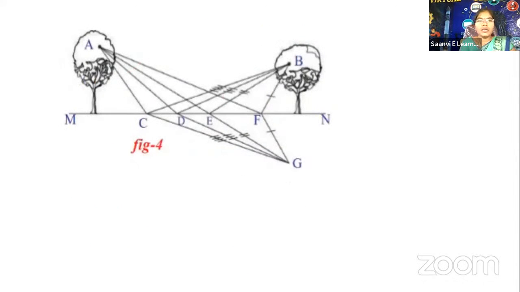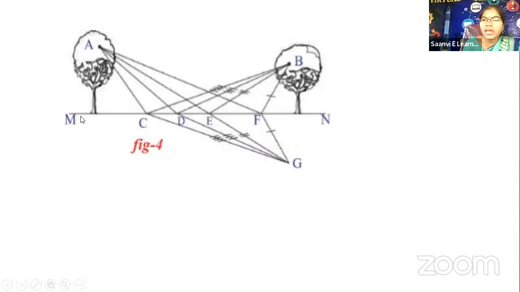Now coming to this diagram, see properly. If you place one mirror or duplicate the rays, from surface MN, see here AC is equal to CB. The same way AC is equal to CG.